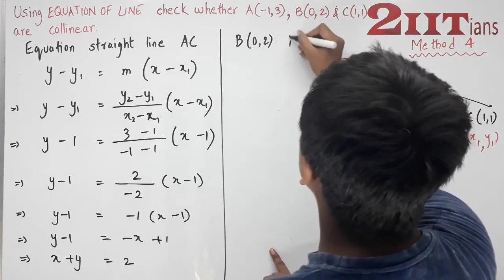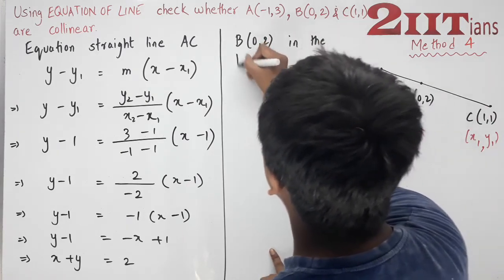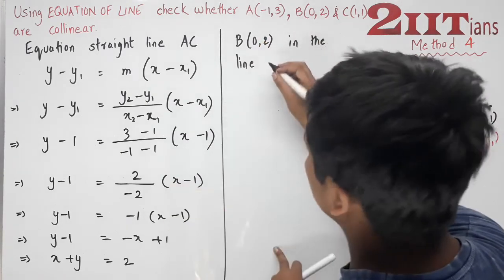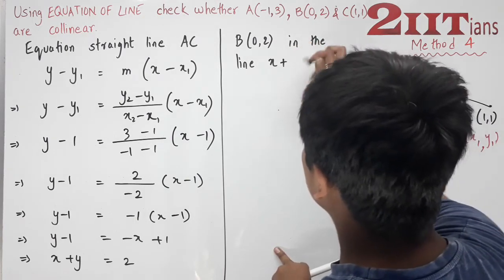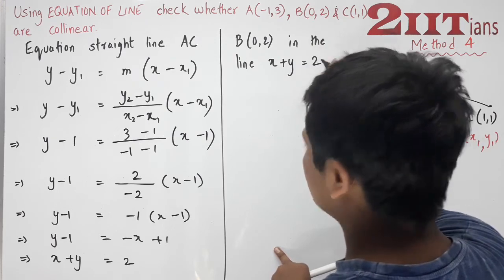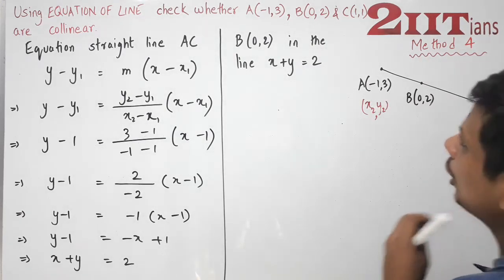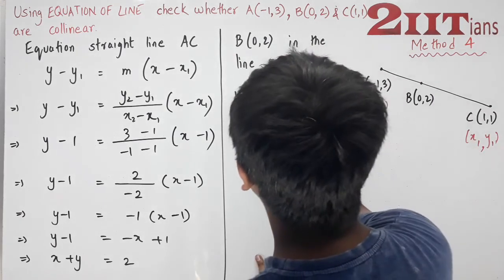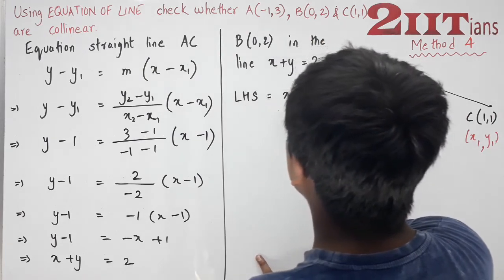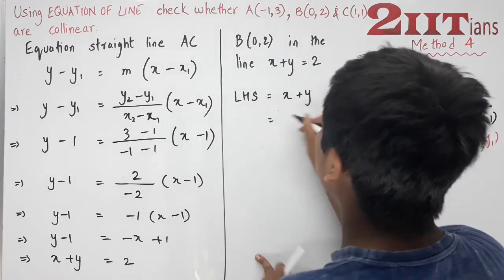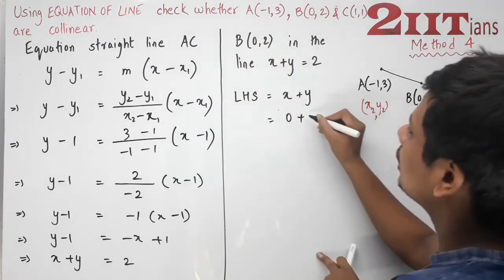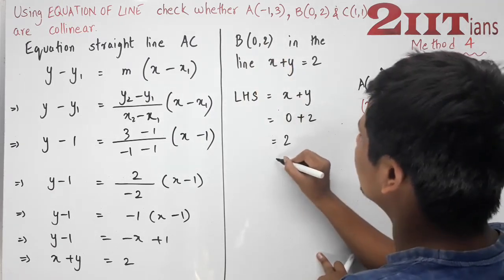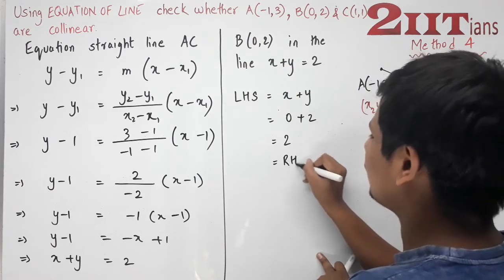B(0, 2) in the line. We are just checking whether B(0, 2) lies in the line x plus y is equal to 2 or not. LHS is equal to x plus y. What is the x coordinate? 0. What is the y coordinate? 2. This is 2, which is itself the RHS.